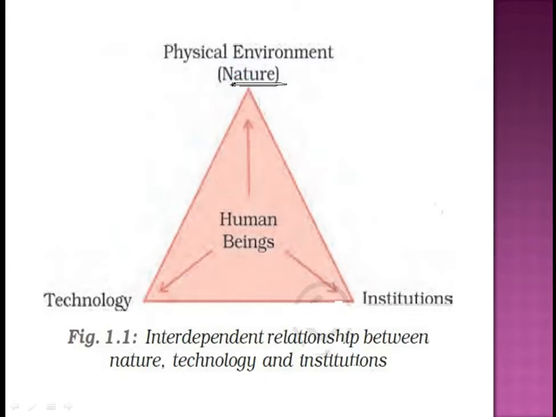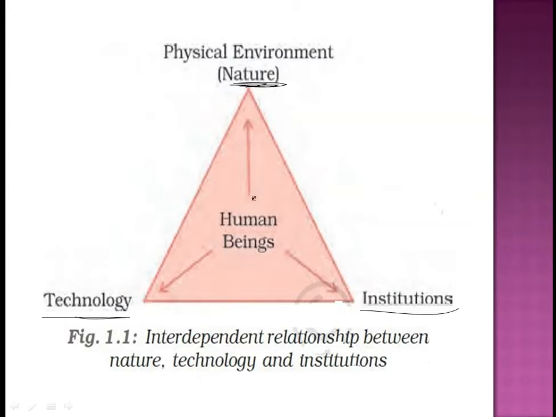right? This is technology, then institution. Okay, so nature, physical environment, technology and institution. This figure is speaking about the interdependent relationship between nature, technology and institution.